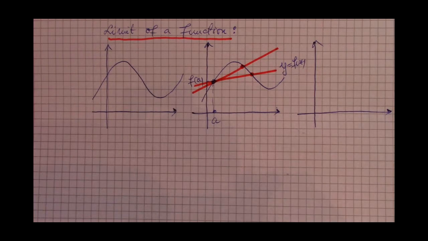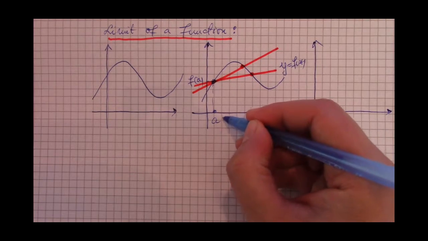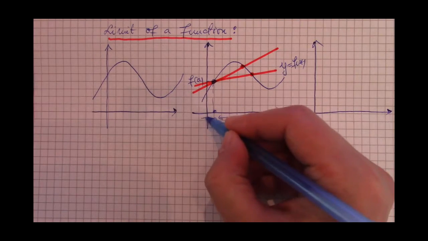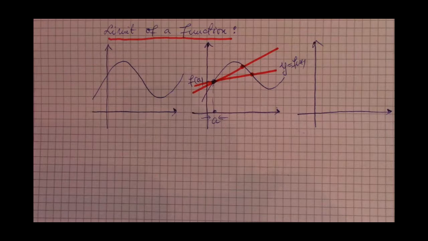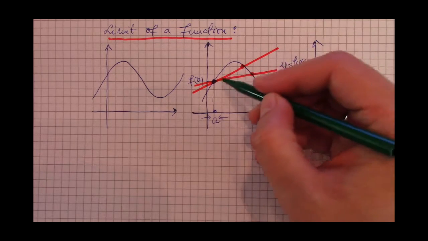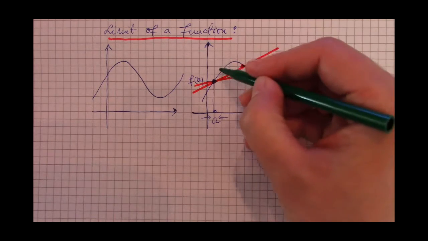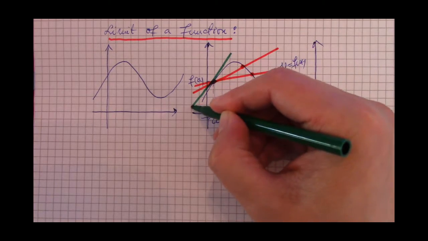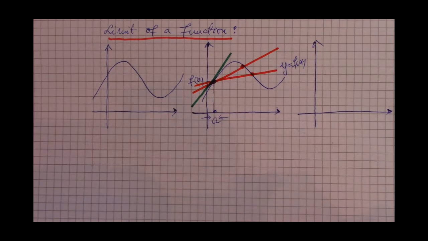So what we did is we tried to approach, on the x-axis, our point A, maybe from both sides, with this family of secants. And we said that if this family of secants approaches a given line, that line was going to be called the tangent to this graph.